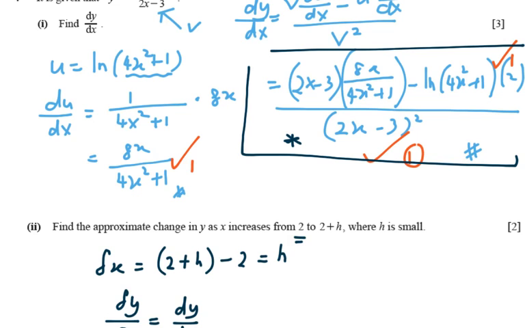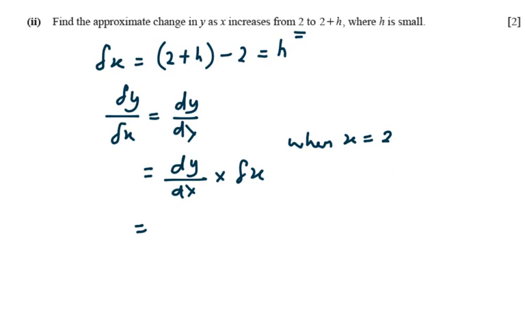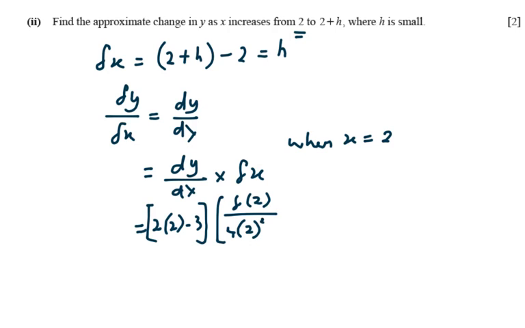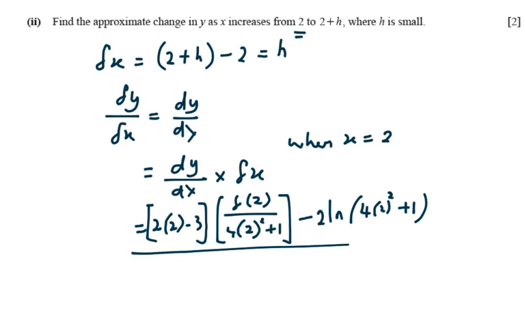So now let's do the substitution. 2 multiplied with 2 minus 3, times 8 multiplied with 2, divided by 4 times 2 to the power of 2 plus 1, minus ln of 4 multiplied with 2 to the power of 2 plus 1 multiplied by 2. The whole thing is divided by 2 times 2 minus 3, all squared.